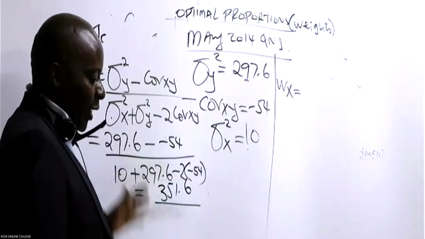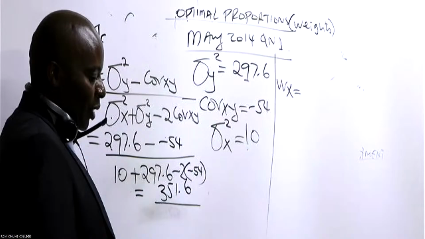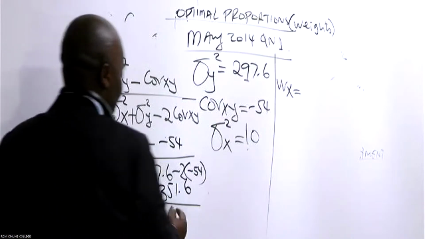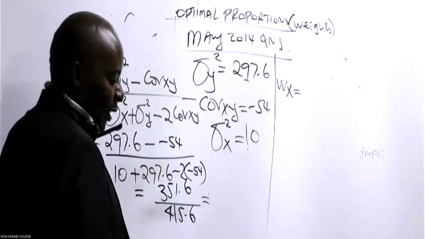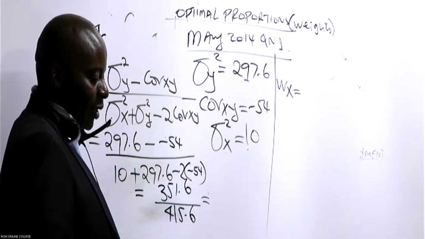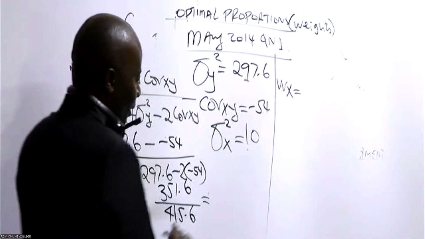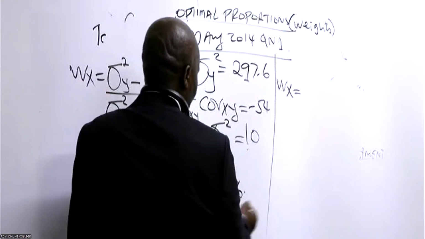According to Marion, she's getting 415.6. So are you able to give us this answer? 351.6 divided by 415.6 gives us what figure? 0.846. Thank you so much.